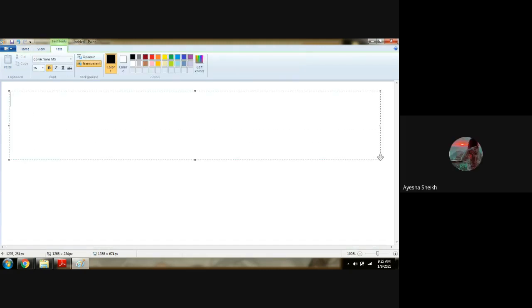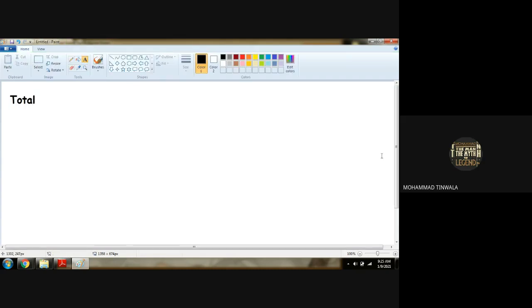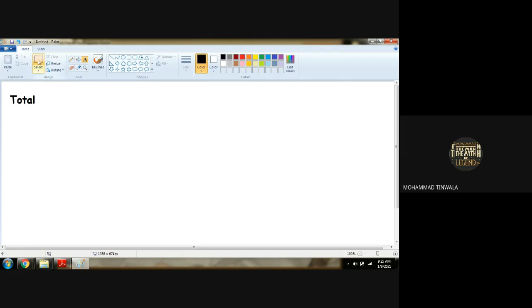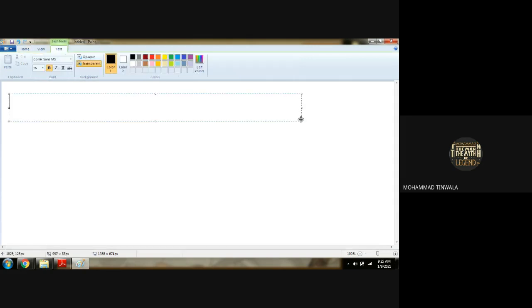Yes. Now how to write the answer in the fair book? Because as we know, two steps will not be allowed. These are problem sums, so we have to write total population is equal to 25,000.